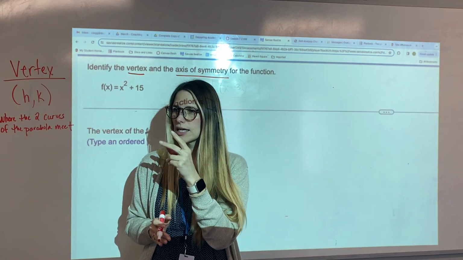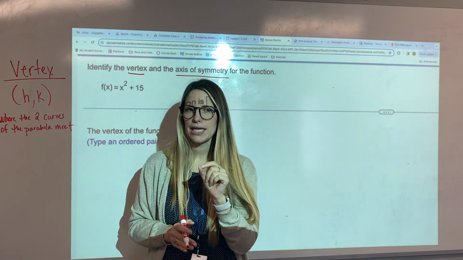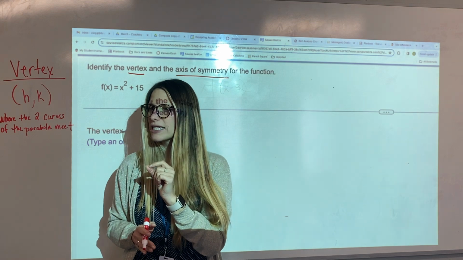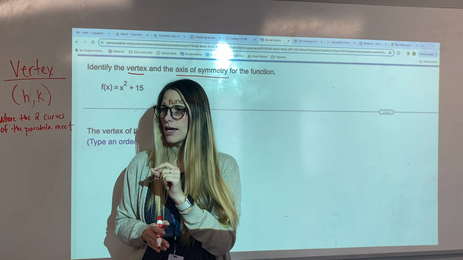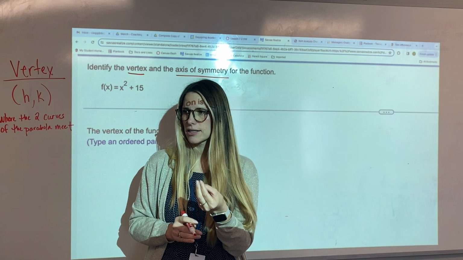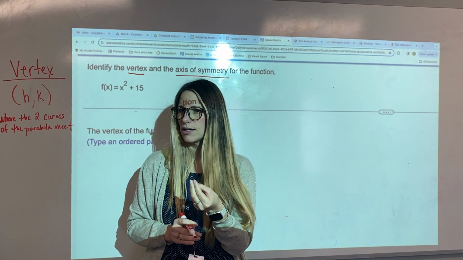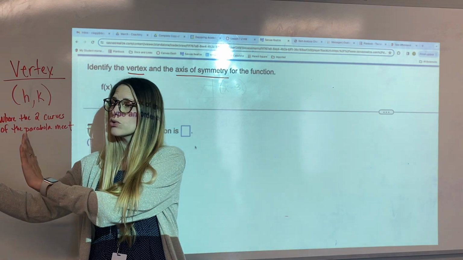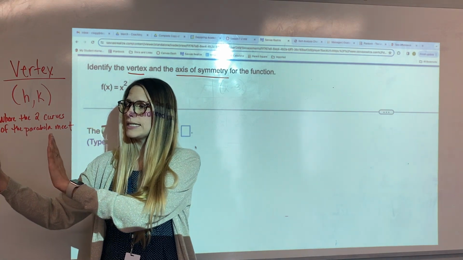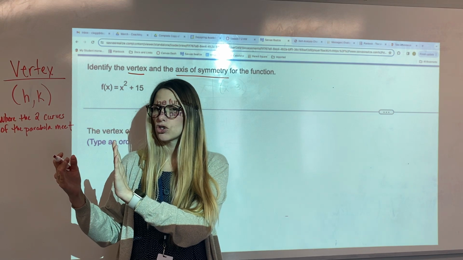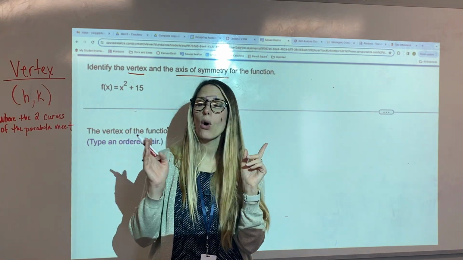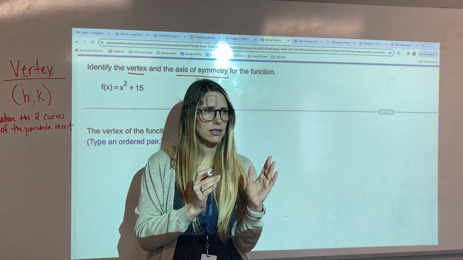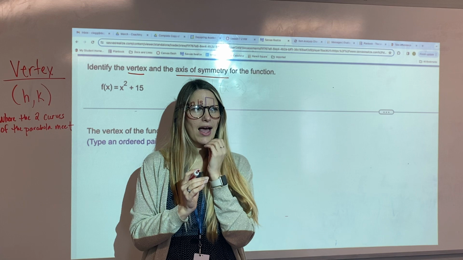It's 2 words, starts with T, P. What phrase have I been using that describes the vertex? Tail of the parabola. Okay, so when a parabola goes from decreasing to suddenly increasing, or goes from increasing to suddenly decreasing.